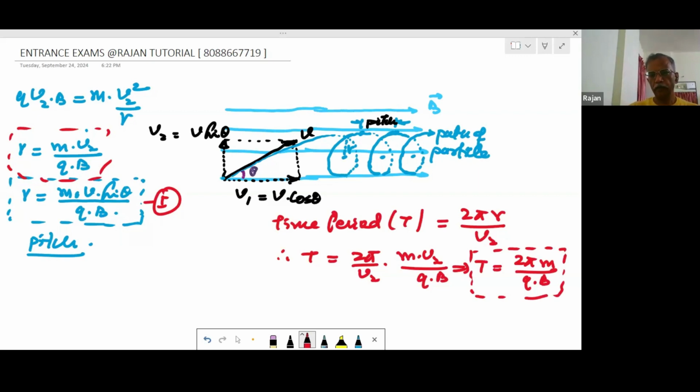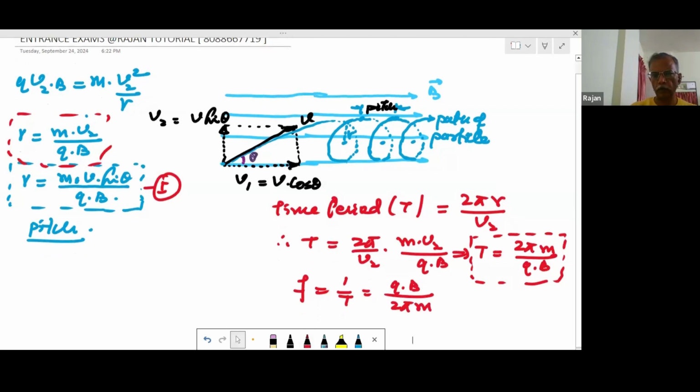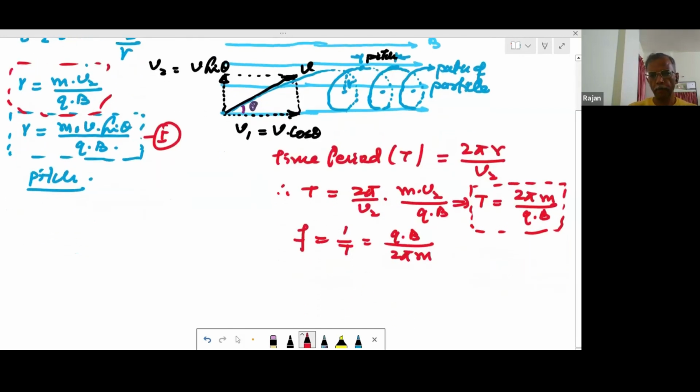Then consequently we can have my frequency, which is 1 by T, so you just make it qB by 2 pi m. And if I'm looking for angular frequency, omega, this is your 2 pi f.